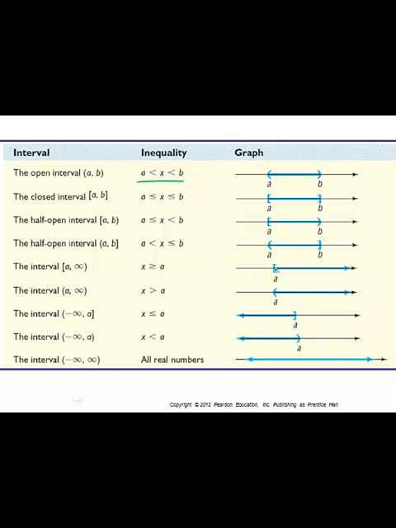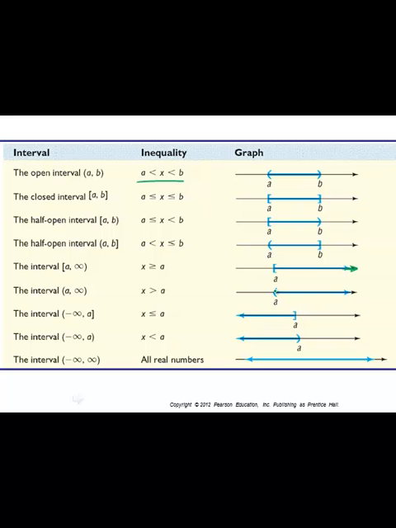Here's the interval greater than or equal to A with that square bracket on A, but it shades all the way to the right. And you typically will just go to the end here, or maybe put a little arrowhead at the end to indicate that you're going on forever to the right.